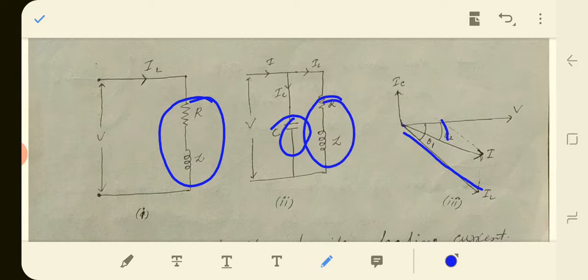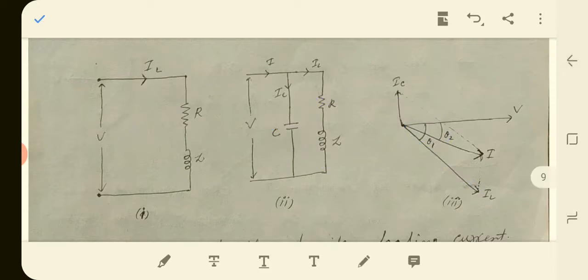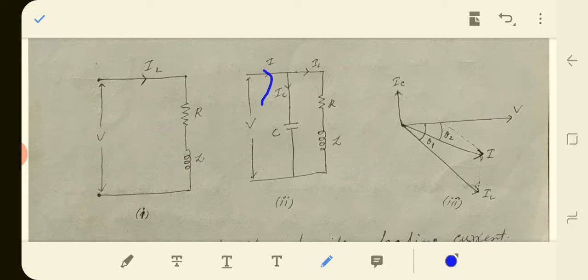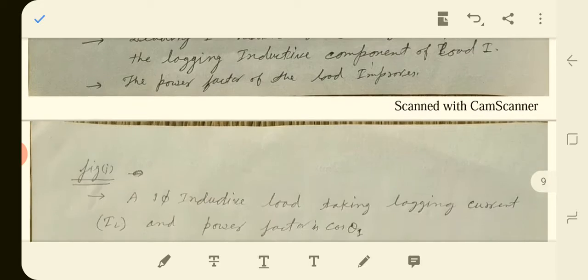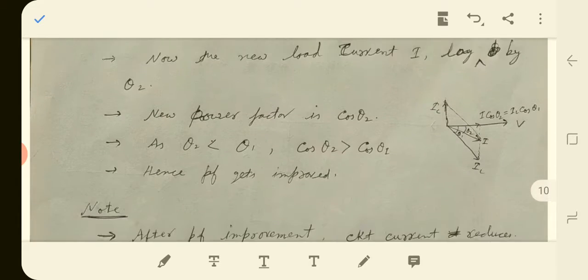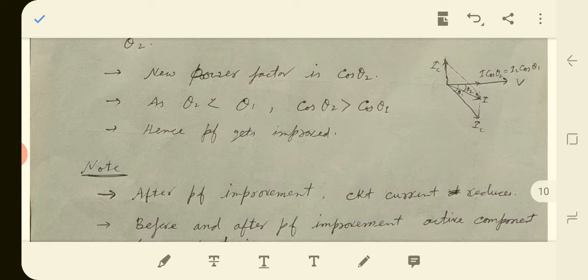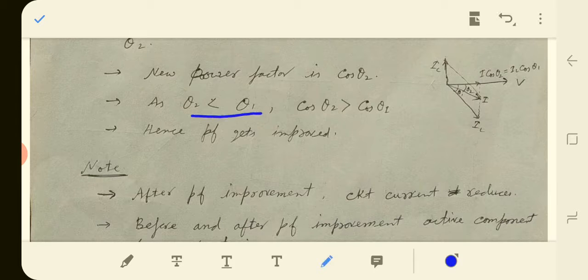As the capacitor takes leading current, the net current I will be equal to the phasor sum of the load current and the capacitor current. The magnitude of the net current reduces and the angle also reduces. As the angle reduces, cos phi will increase, and as cos phi increases, the power factor gets improved.